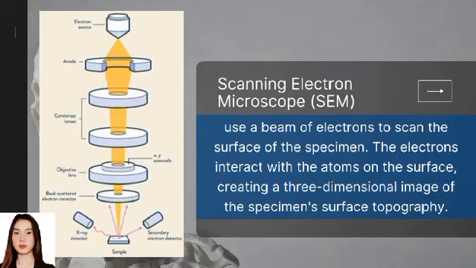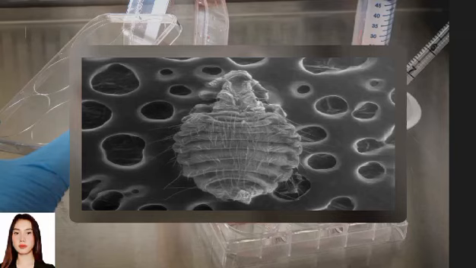SEM images provide a detailed view of the specimen's shape and structure, allowing researchers to study surface features such as ridges, bumps, and pores. So here's an example of an image of a specimen under SEM.